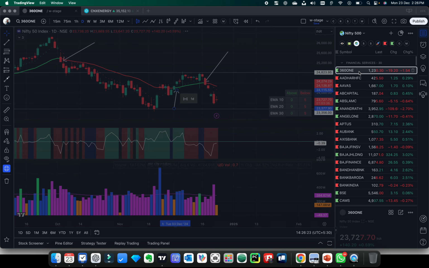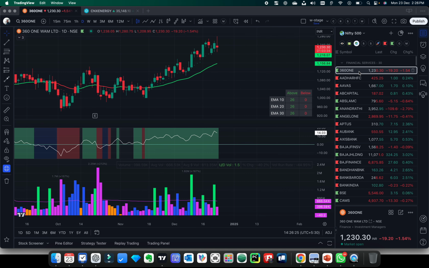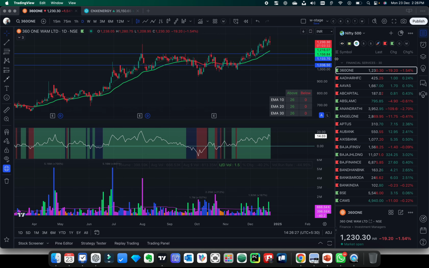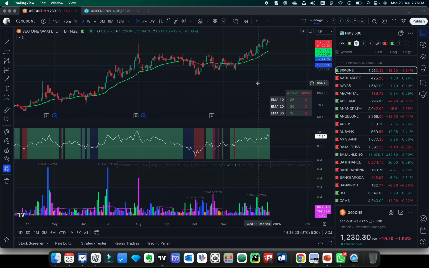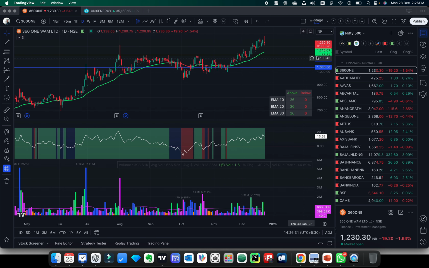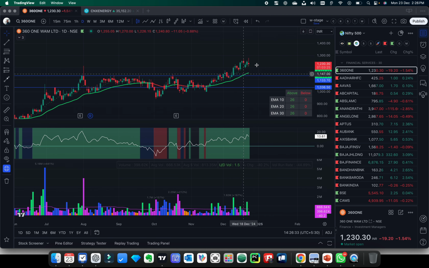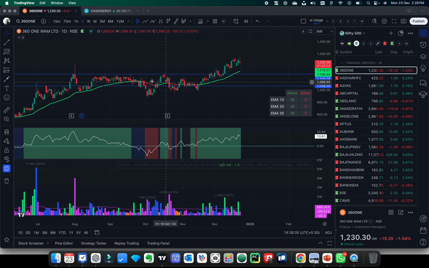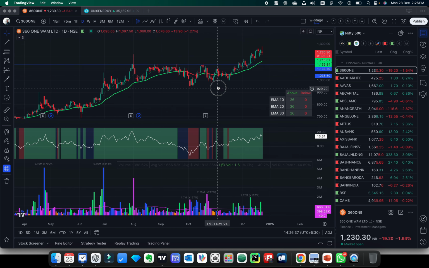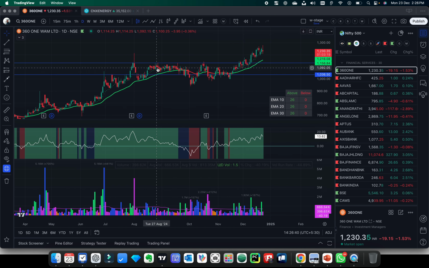361. So what is the stage in this stock? So you can see there was an uptrend here, then the consolidation happened.